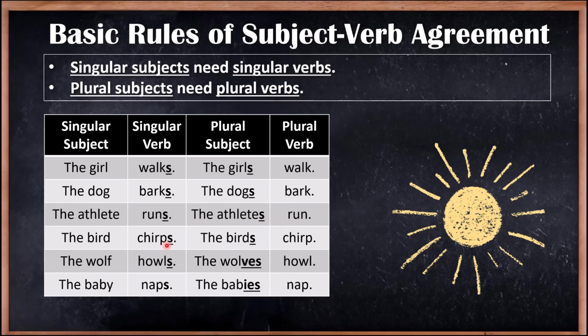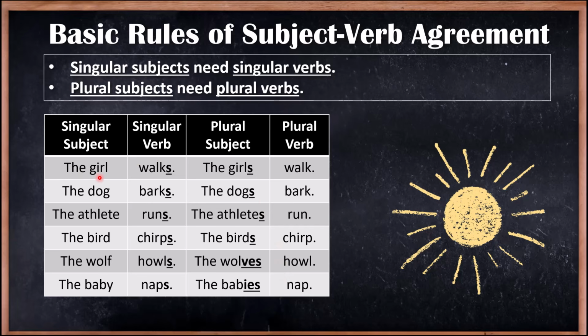The bird chirps, the birds chirp. The wolf howls, the wolves howl. The baby naps, the babies nap. So you can see that the singular subjects have a singular verb, and the plural subjects have a plural verb.